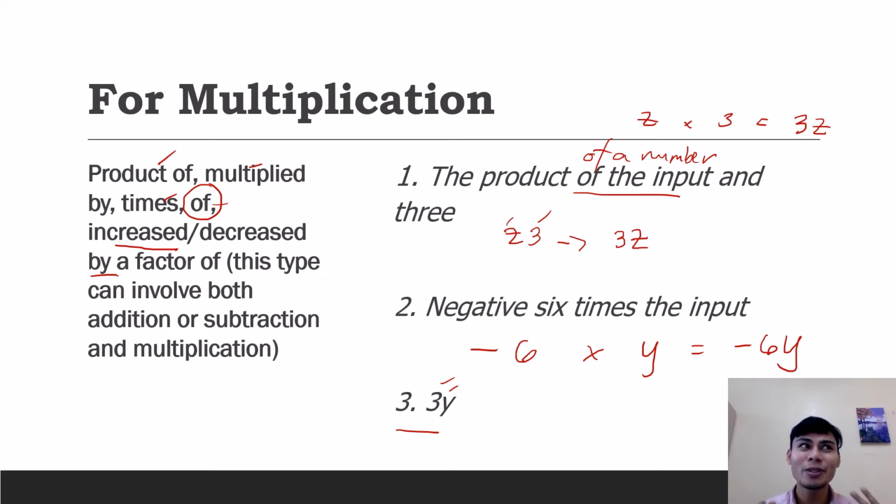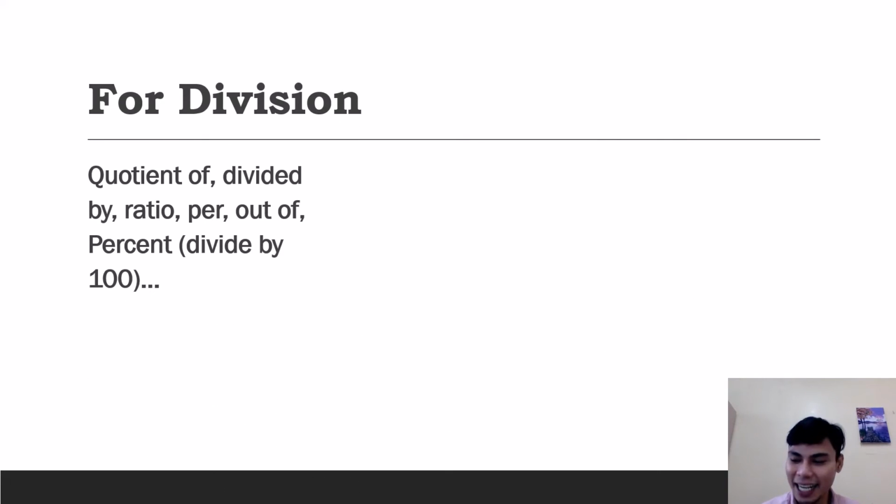So, what you should put in your mind right now are the terms for subtraction and addition. For multiplication, easy. Same for division, easy too. We have quotient of, divided, ratio, per, out of, percent.